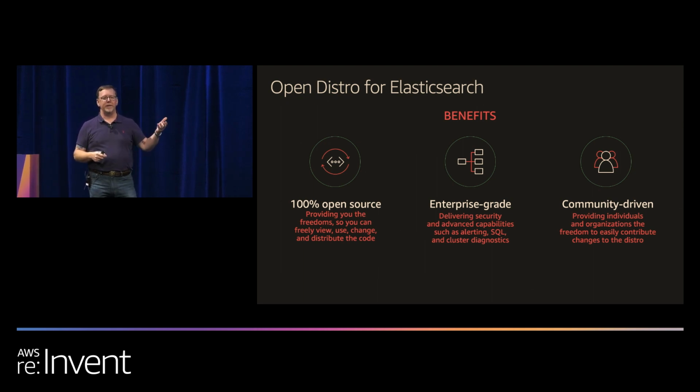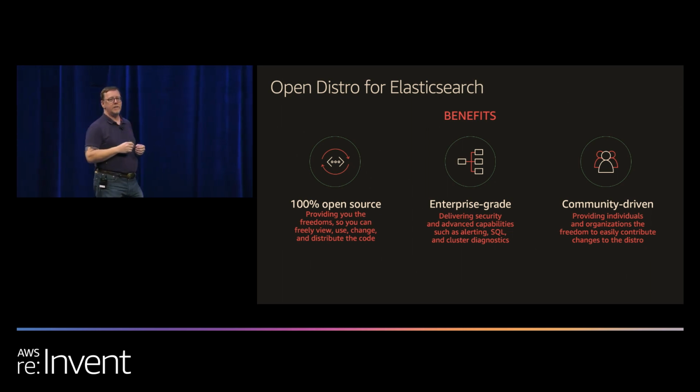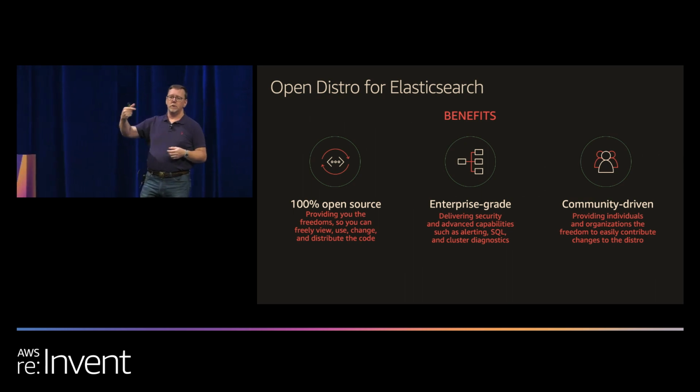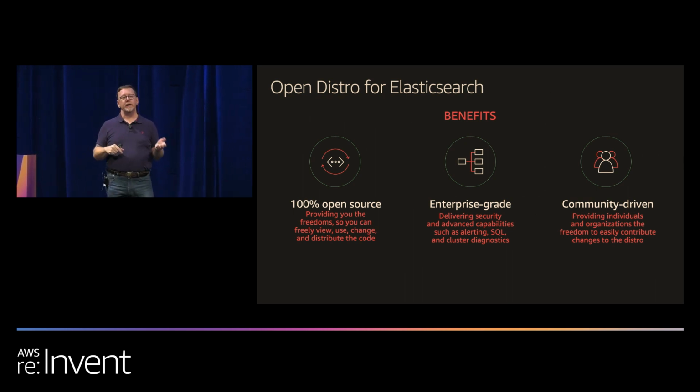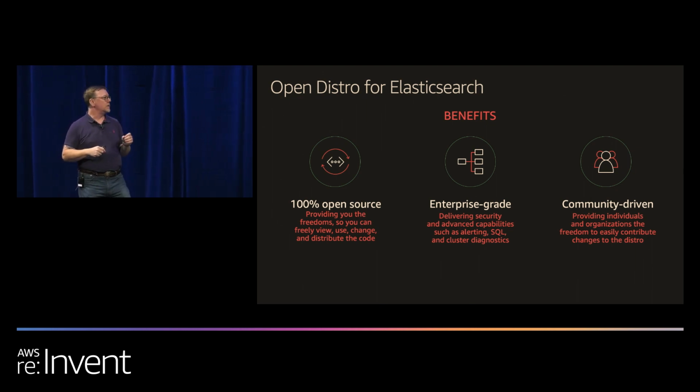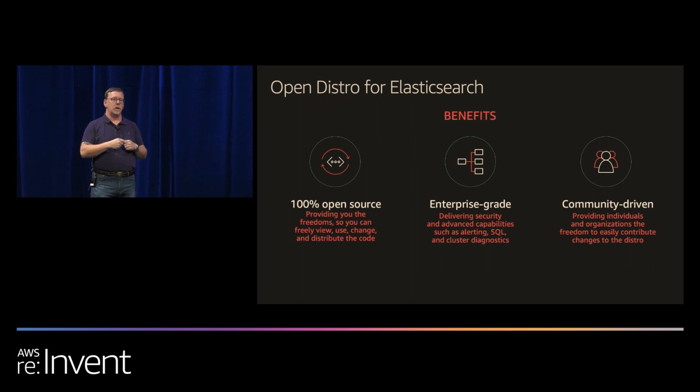Or if you have tons of failed login attempts, you want to send out an alert. SQL interface, we also provide. That's really for shops where you're already used to using a SQL interface, and so having that helps you adopt it. And then the cluster diagnostics is deep level instrumentation that we did on top of Elasticsearch to provide you really good information about how to scale your cluster and where the bottlenecks, choke points, all of that are.